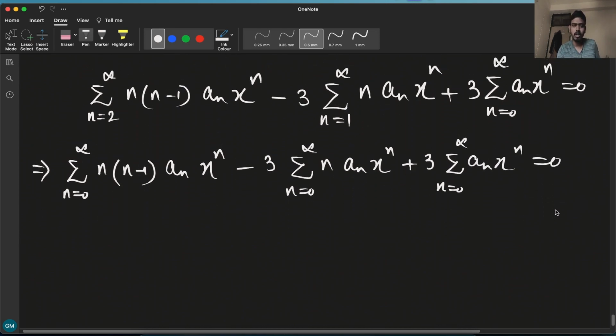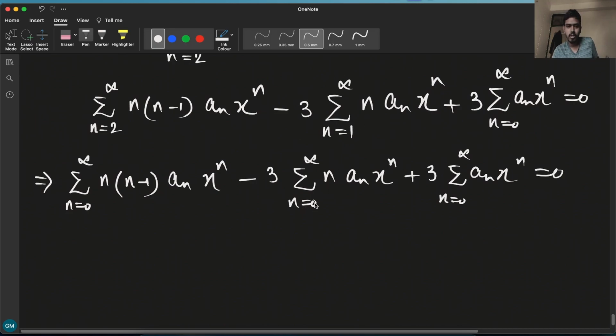I can always do that, because if I start from n equals 0, I am just adding 0, basically nothing is changing, because the 0th term and first term of the first series is 0, and for the second series the 0th term is 0.